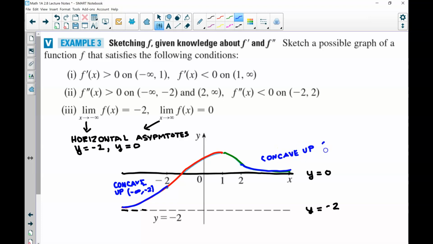And then we also know that it's concave down, meaning that from here to here, from negative 2 to 2, it is concave down.